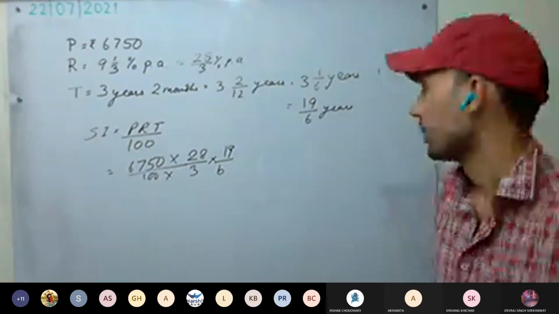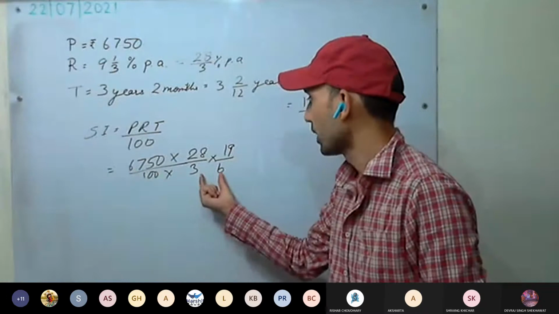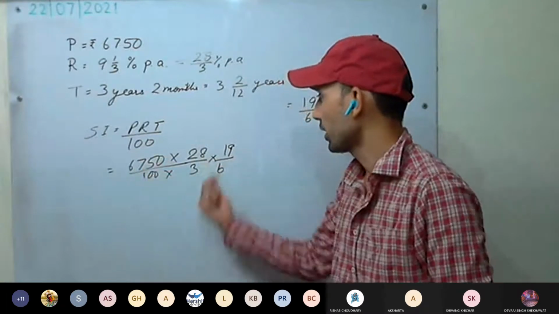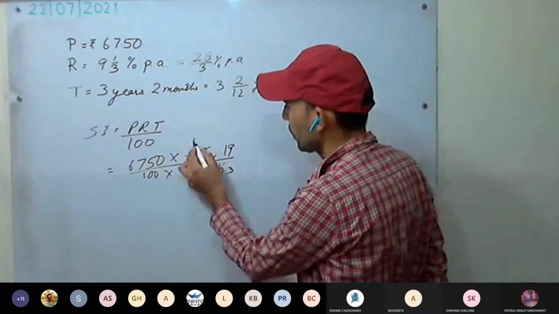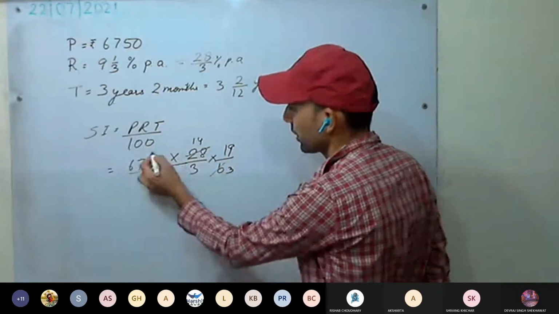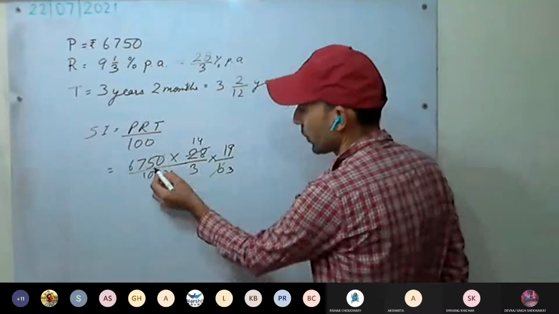So 7, 13, 18. So 3, 3, it will go there. Both 3's will go with that. 1 0 is removed.